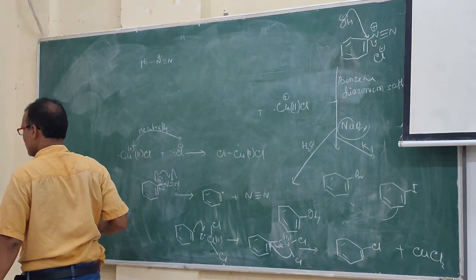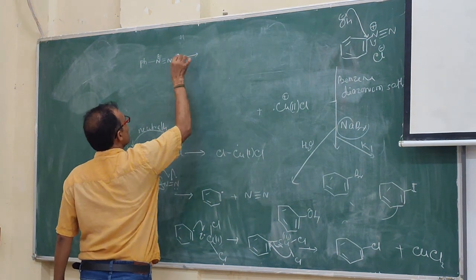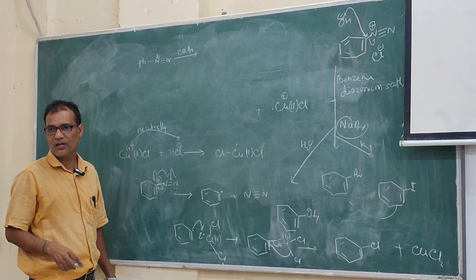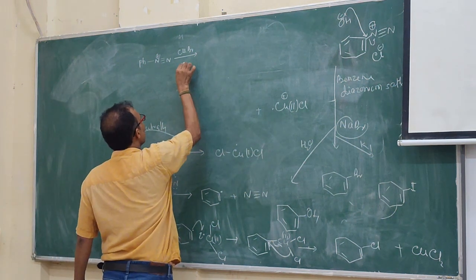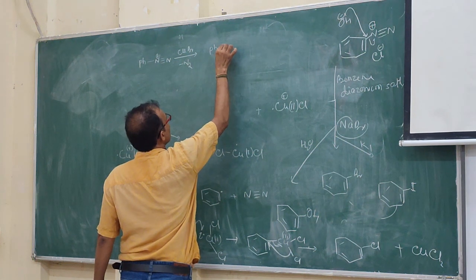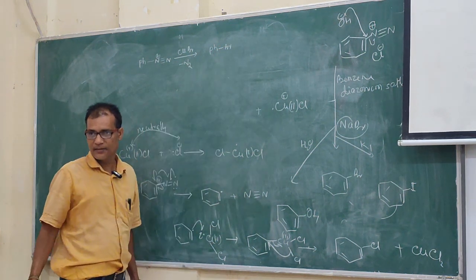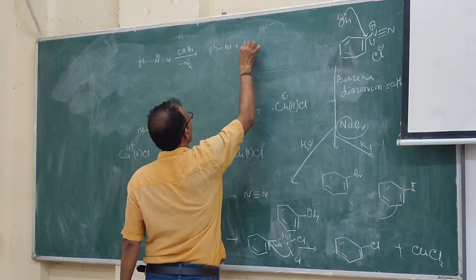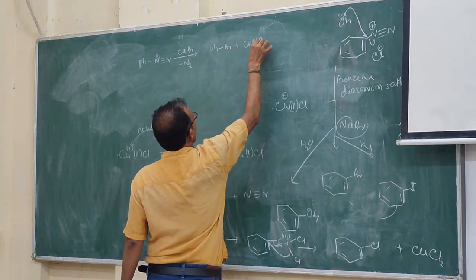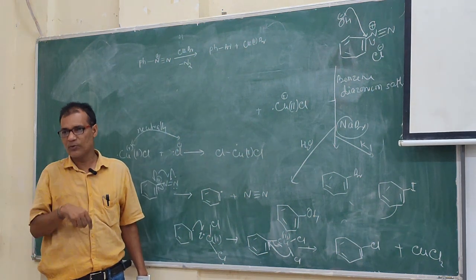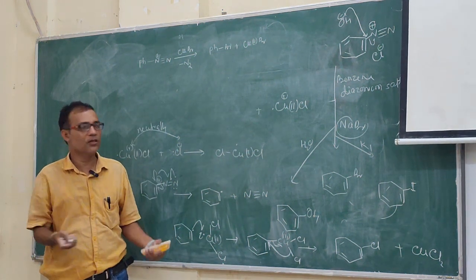So in Sandmeyer, if you use copper 1 bromide, what will be the product? There will be loss of nitrogen, so you will get Ph-Br, bromobenzene, am I correct? And in addition to that, you will get copper 2 bromide. What is copper 2 bromide? CuBr2.